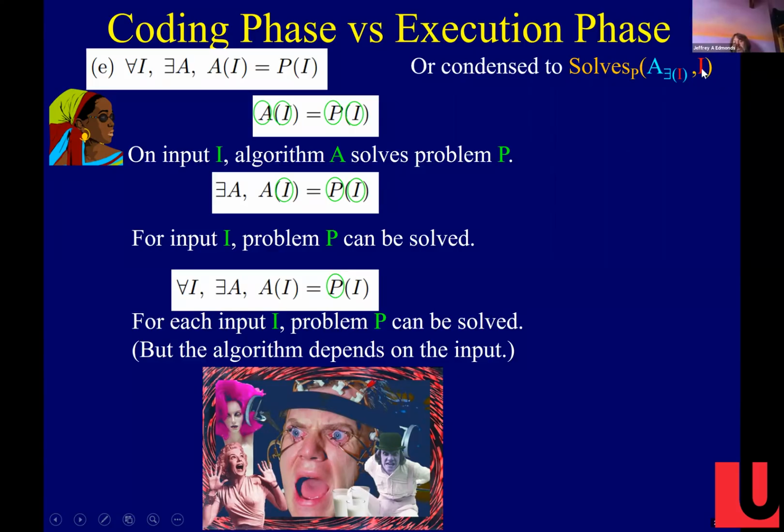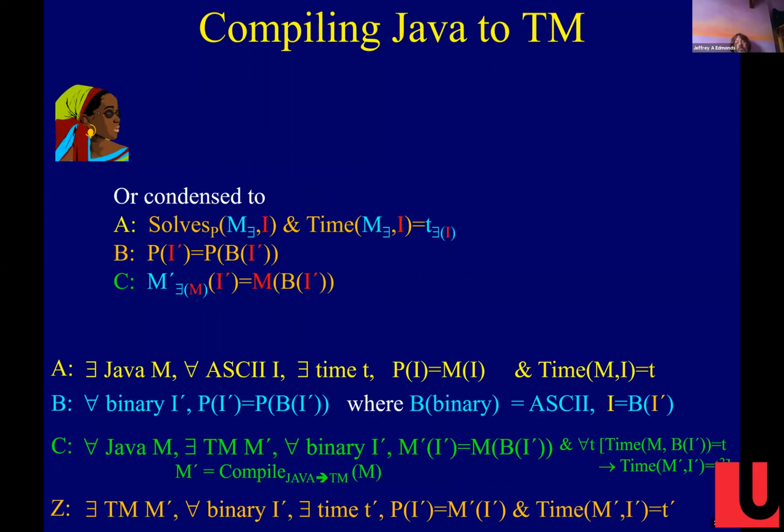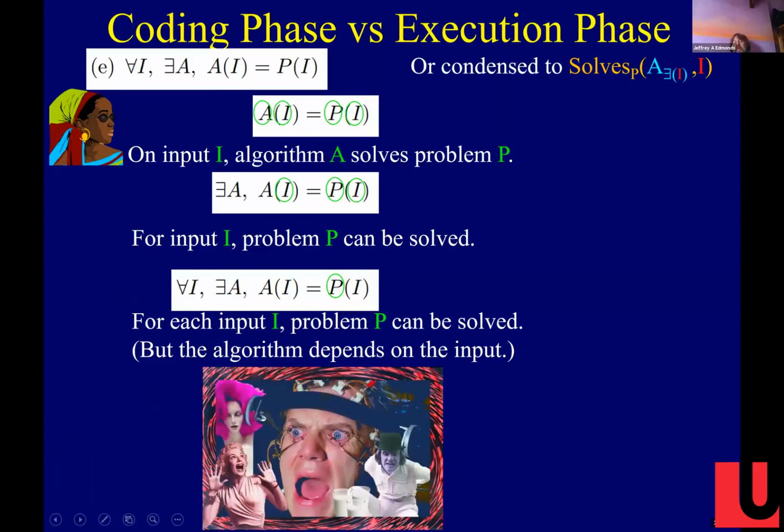It's great to solve every input, but we don't want the algorithm that solves it to depend on I, right? See, why I have subscripts here is because I'm saying the algorithm depends on I, as opposed to the algorithm takes an input. You know, this is saying given an input, it tells me what the algorithm is.